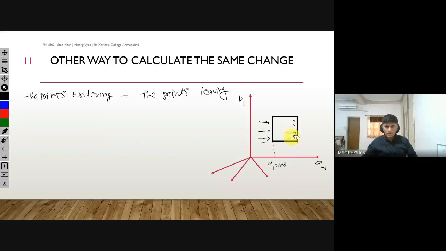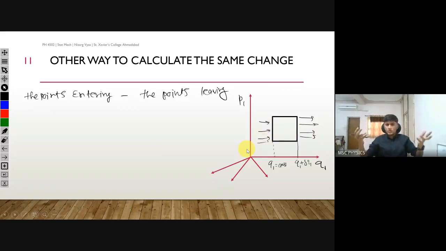Let's talk about leaving from here, the number of points leaving at the point q1 plus delta q1. So this is point q1, this is point q1 plus delta q1. The number of points entering at q1 minus the number of points leaving at q1 plus delta q1 will give you the number of points staying due to this transition.